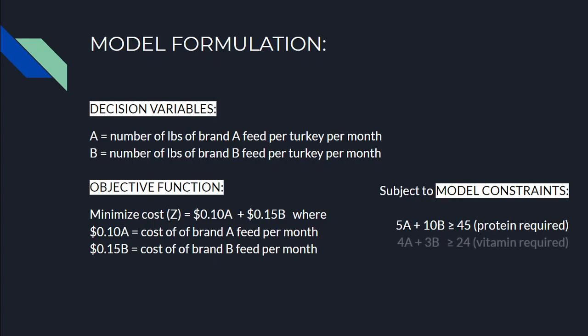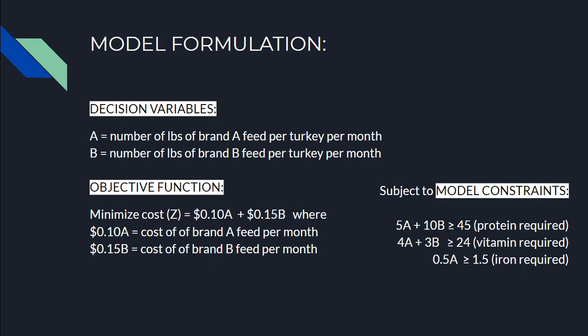So, our second constraint is when it comes to the vitamin, okay? Yung minimum requirement for the vitamin, which is dapat 24. Yun yung ating minimum requirement. Ngayon, si brand A ay may 4 units per pound ng vitamin, tapos si brand B ay meron namang 3 units per pound. And then, sa iron, si brand A may 0.5, pero si brand B wala.